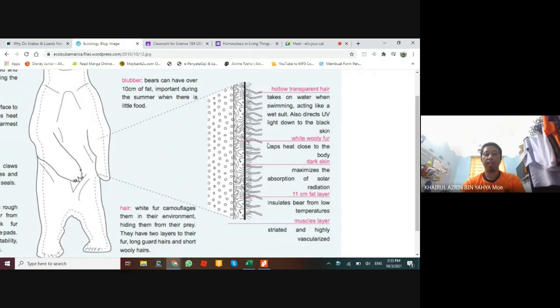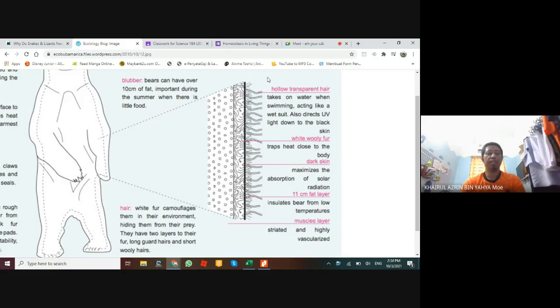Then white woolly fur traps heat close to the body. Dark skin maximizes the absorption of solar radiation. And then the fat layer: it has an 11 centimetre fat layer, which insulates the bear from low temperatures.